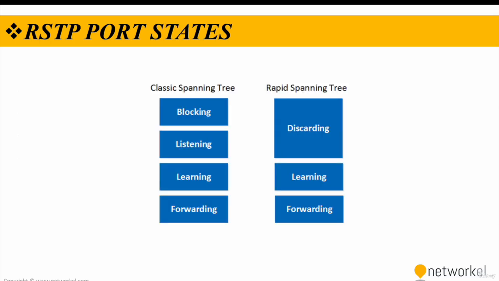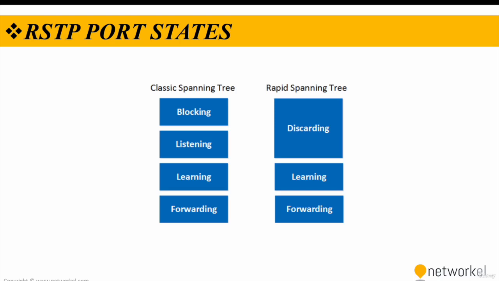As I told you before, guys, RSTP is designed to improve convergence times in network topologies compared with the old spanning tree protocol. So RSTP introduces several port states to manage the role and function of each port in the network.